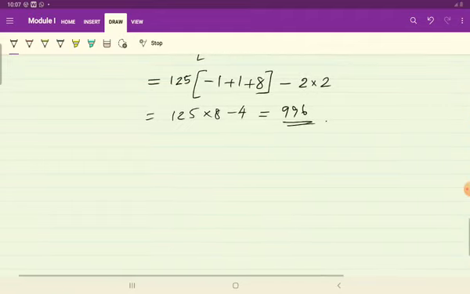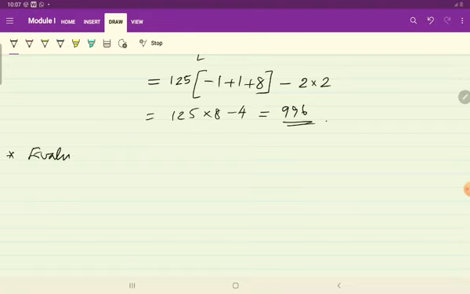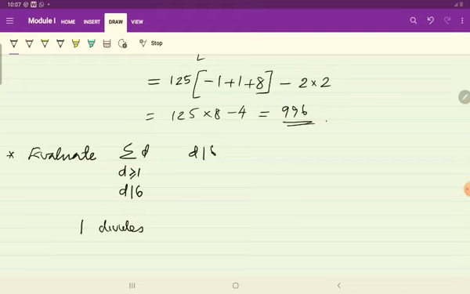Now one more example. Evaluate summation d where the conditions for d are d greater than or equal to 1 and d divides 6. This notation is for divides, where d divides 6 means d is a factor or divisor of 6.